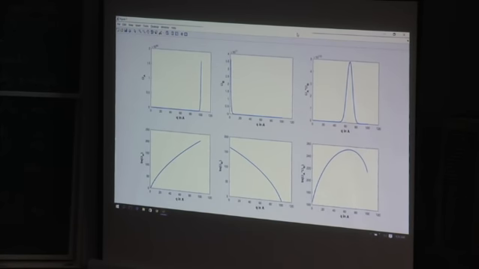I'm plotting on this axis the fraction of energy that is in nanoparticle A, and on this axis the total number of microstates corresponding to a macrostate.